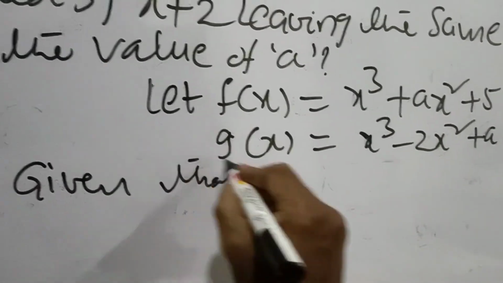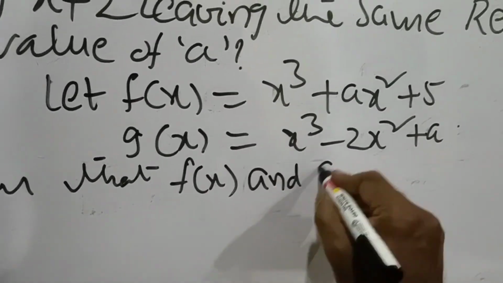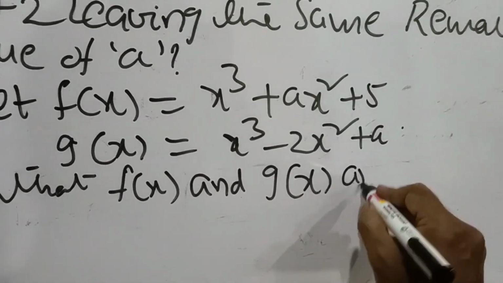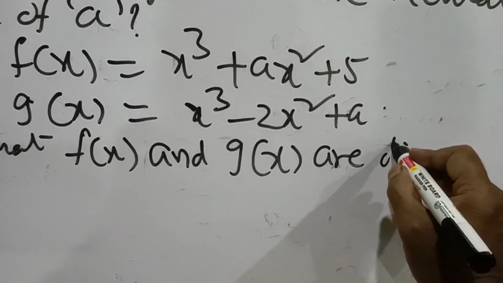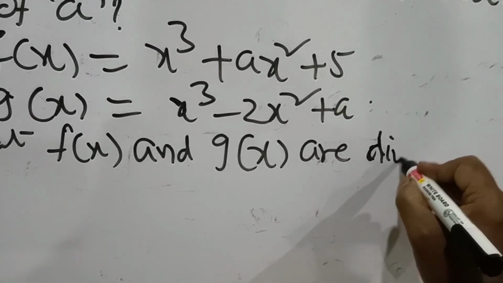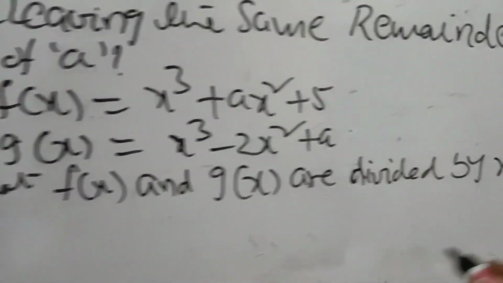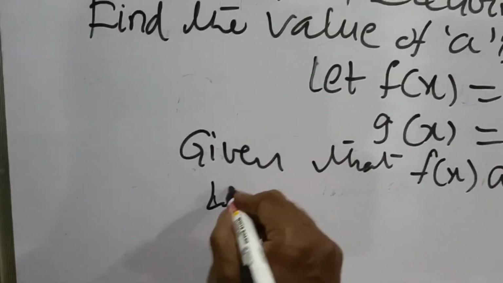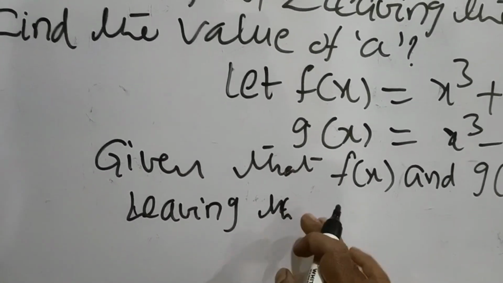What is the polynomial with which they are to be divided? x plus 2. Given that f of x and g of x are divided by x plus 2, leaving the same remainder.